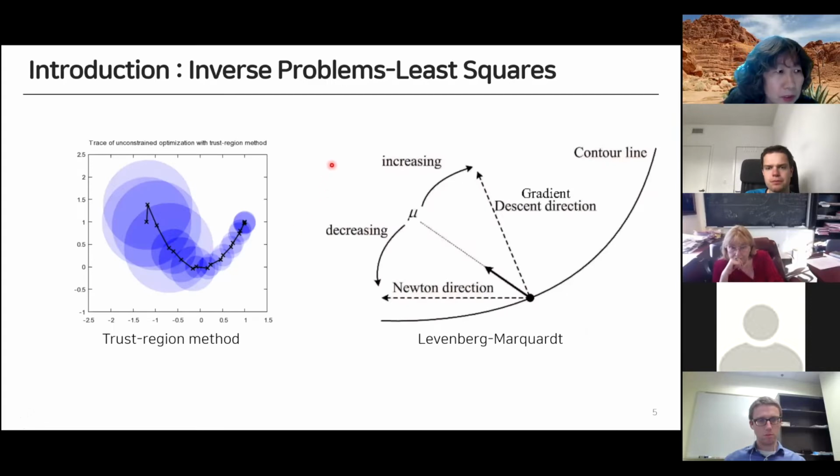For the inverse problem, there is the least squares method. If reliability is also provided, then there is the trust region method. Also, there is the classical Levenberg-Marquardt method, which I'm not going to go into in detail today.